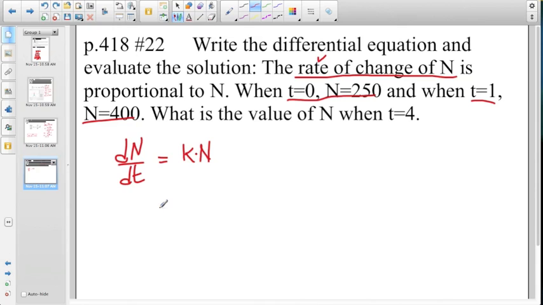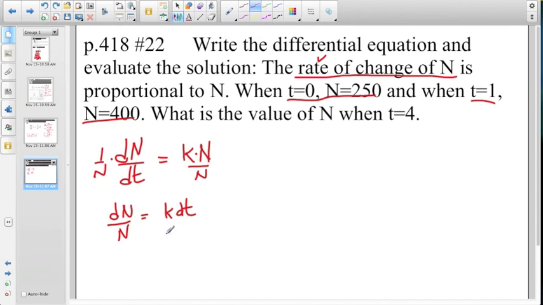And so if we go ahead then and take this differential expression and come up with a general solution to it, we're looking at dn, dividing each side by n. So we have dn over n equals k dt, and you might recognize this as an exponential function.